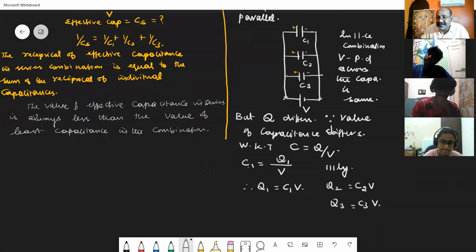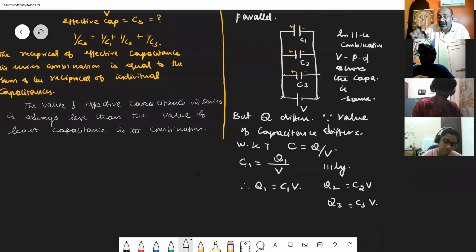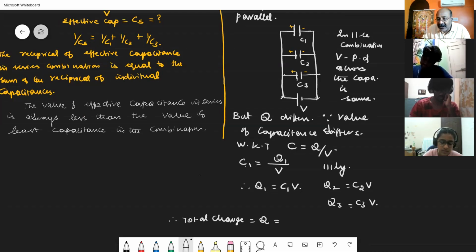If that is the case, what is the total charge available in the combination? The total charge in the combination is equal to Q. Total charge can be written as total capacitance multiplied by total potential. Since all the capacitors are connected in parallel, let us consider the total capacitance as Cp.